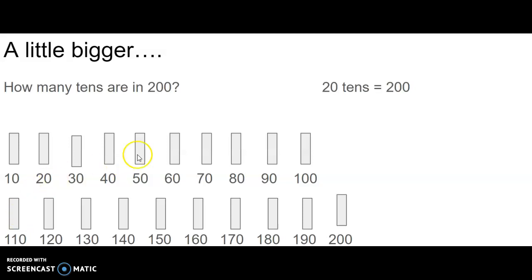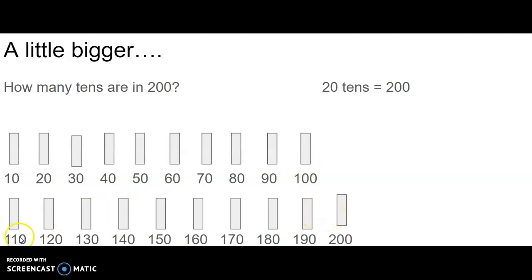Again, I've counted by my tens. I've got my 10 sticks, and as I count 10, 20, 30, 40, 50, 60, 70, 80, 90, 100, I know that there are 10 tens in 100. So if I add on 10 more tens, that should take me to 200.